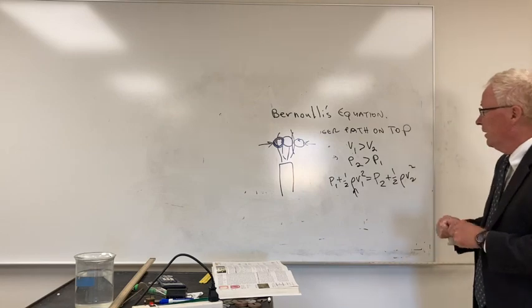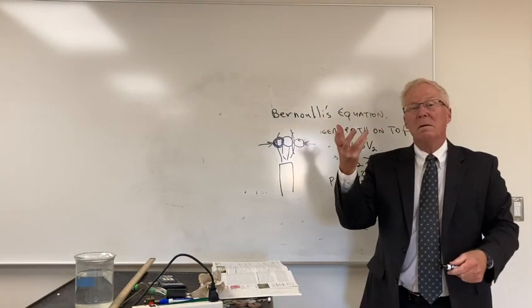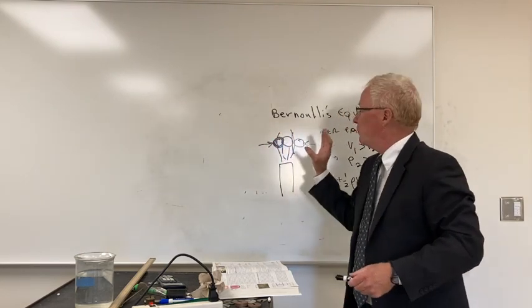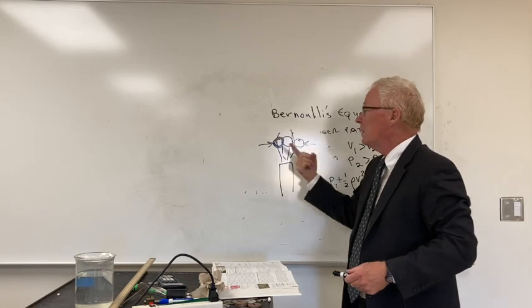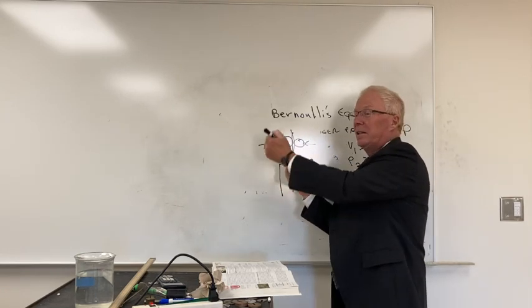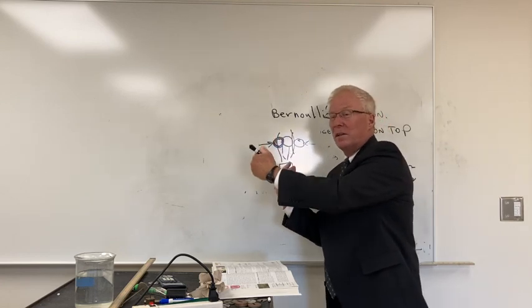One last thing here. This is also the concept of a curveball. On a curveball, and this is why they rough it up, as it spins, on one side the air is going faster, so it's going to have less pressure.